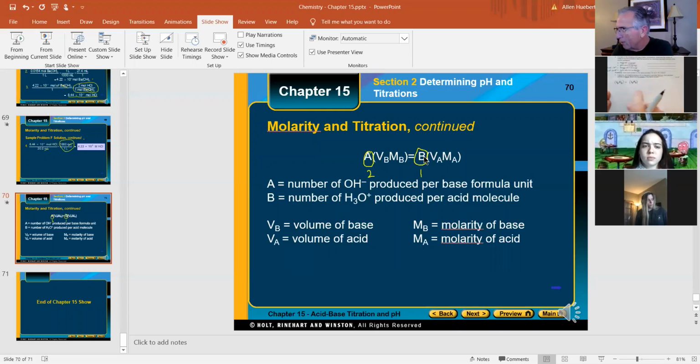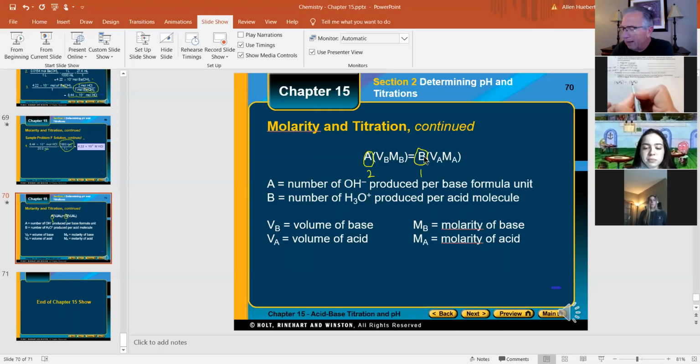And if they're in a 1-to-1 ratio, that's the only equation you need. But some of ours have more hydroxides or more hydronium ions. And so to fix that, we put a number in the front.